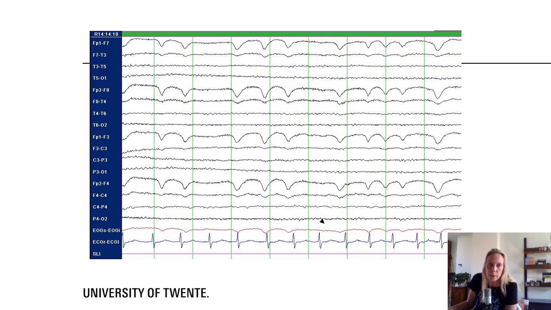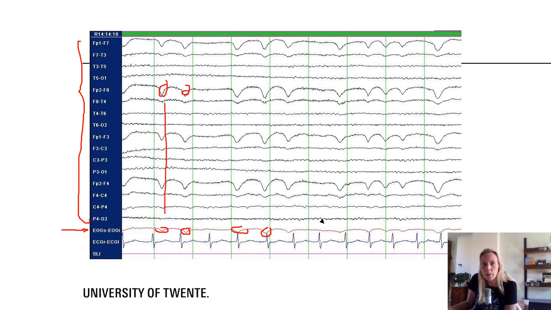Here you also see some artifacts. I don't know if you can notice them already, but for this you need to know here is the EOG channel. So here you see what's happening with the eye movement at certain time periods. And I think you see that on these electrodes, which are supposed to measure brain activity, you also see these shifts, right?